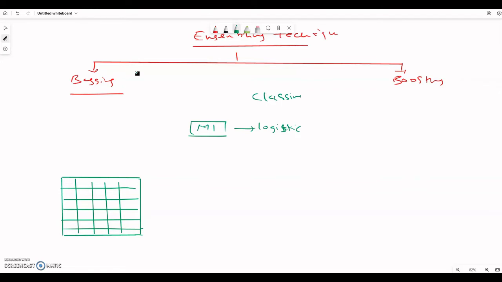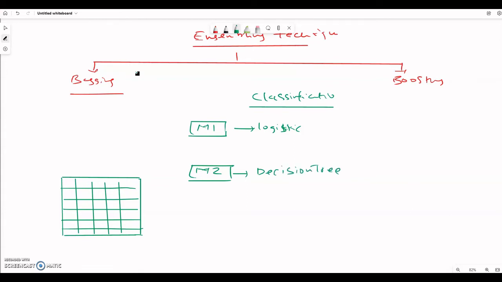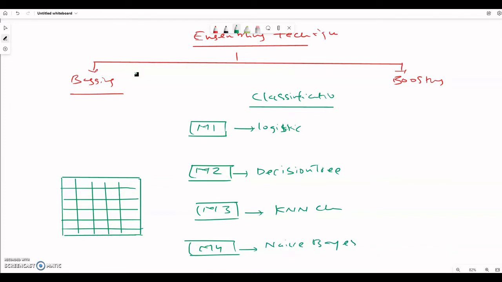We just want to use a classification problem. Model 2 is a decision tree classifier, model 3 is KNN classification, and model 4 is naive Bayes. So we have these different algorithms here, right?